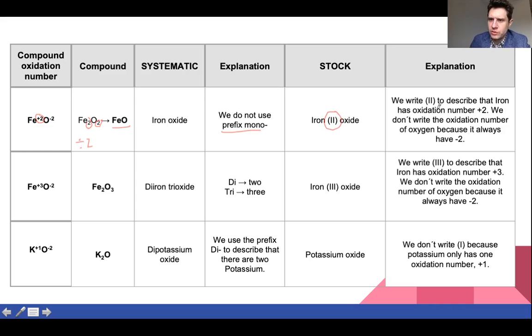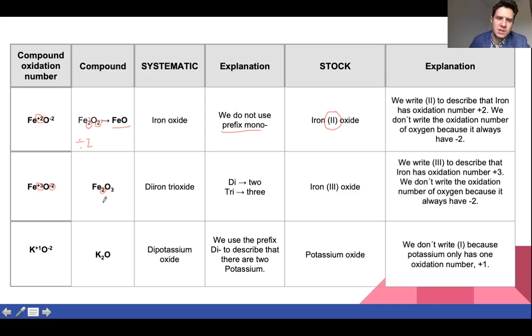We write II to describe that iron has oxidation number plus 2. We don't write the oxidation number of oxygen because it always has -2. What will happen if we mix the iron and oxygen when iron has +3 as oxidation number? We shift, we put the 3 close to oxygen, and we put the 2, the oxidation number of oxygen, close to iron.